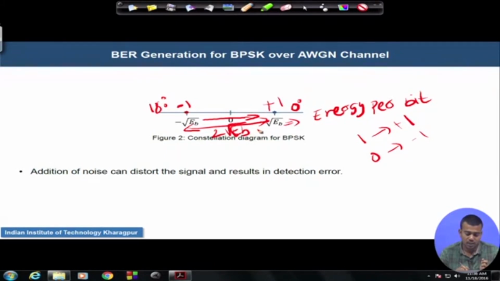But in BPSK modulation, you have the maximum distance between the signal points, so you need a very high amount of noise in the system to be unable to detect the bits, which is generally not feasible. That's why the BPSK system is more robust to any amount of distortion introduced in the channel.